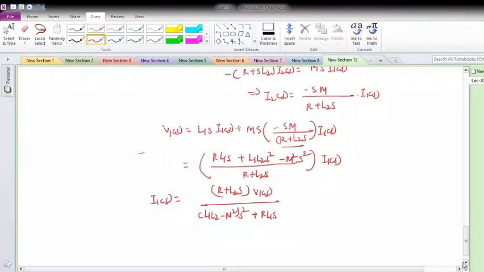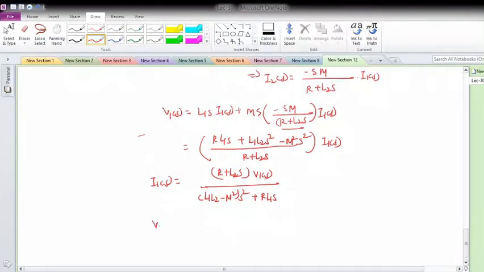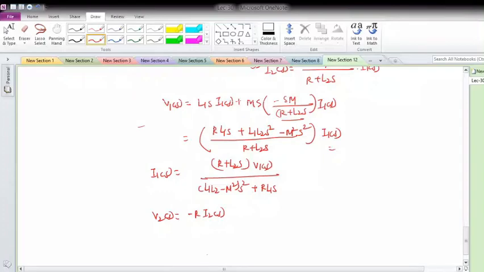I got this, and now V2 of s, basically I want to obtain it, so V2 of s is minus R into I2 of s, fine, and I2 of s we obtained this way.